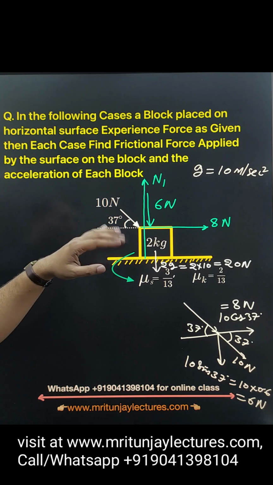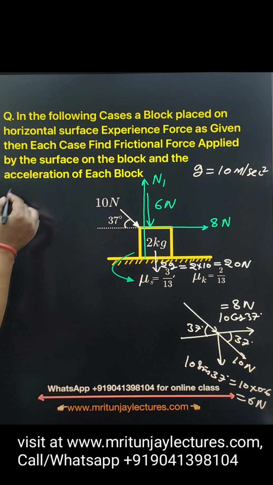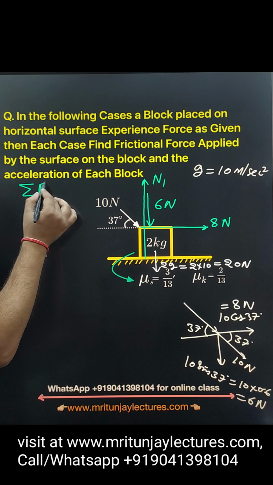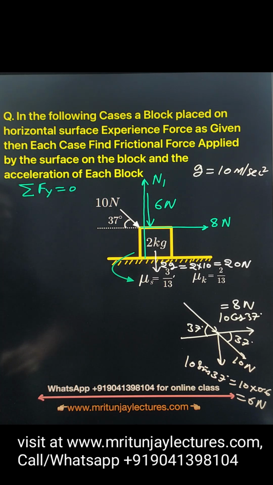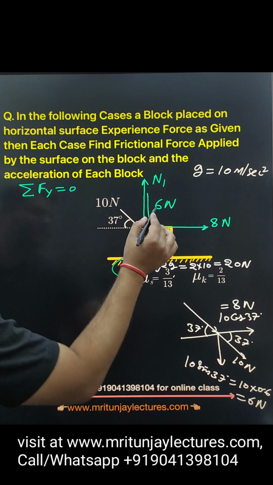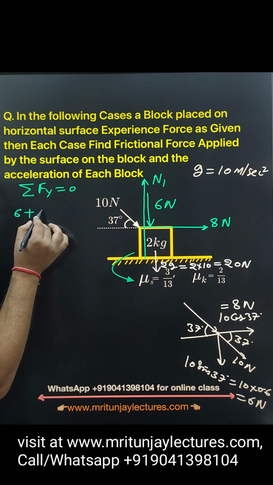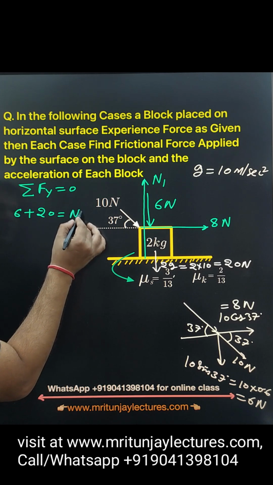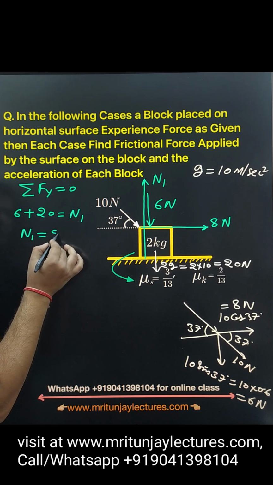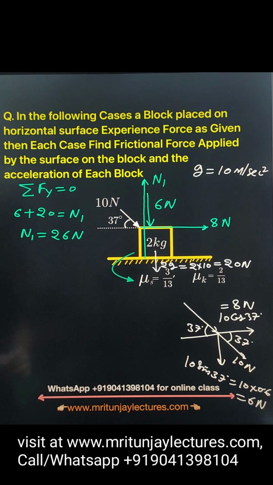So the net force in the y direction is 0. So you can say that 6 plus 20 is equal to n1. So n1 is how much? 26 Newton. I hope that is clear.